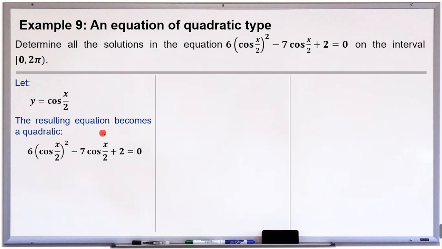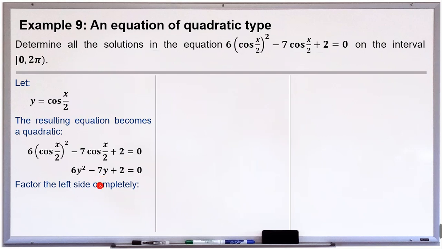Therefore, the resulting equation becomes 6y squared minus 7y plus 2 equals 0. Once we have the quadratic equation, you can apply the techniques for solving quadratic equations: completing the square, the quadratic formula, or simply factoring by trial and error. For this example, this can be done by factoring.